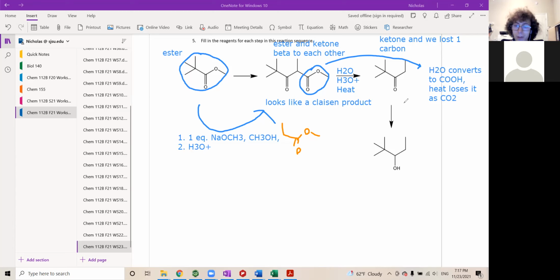And last step, we're converting the ketone to an alcohol. So we're doing a reduction, and that is a reagent we can use. But remember, this is a 2-step process. So the first step involves NaBH4. The second step is acid. That's correct.